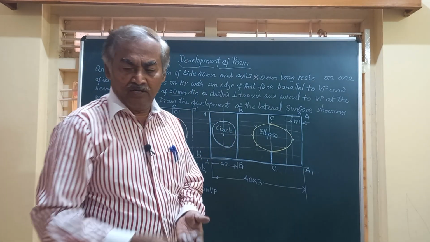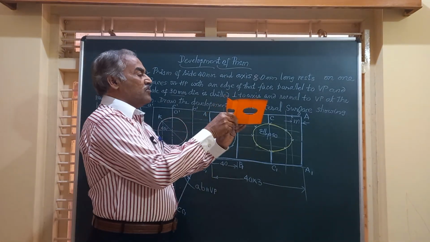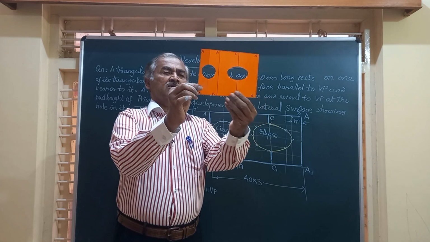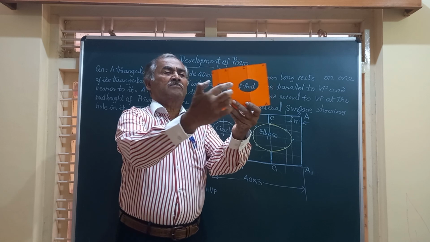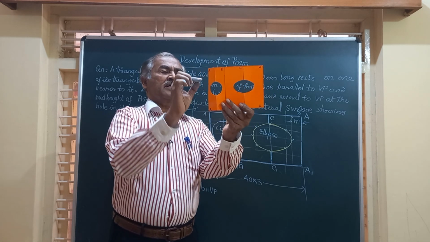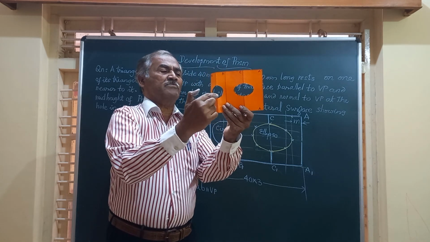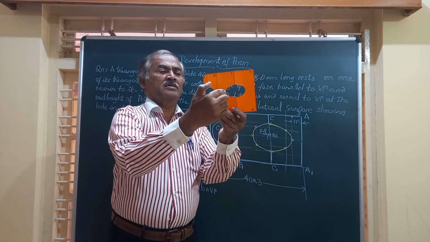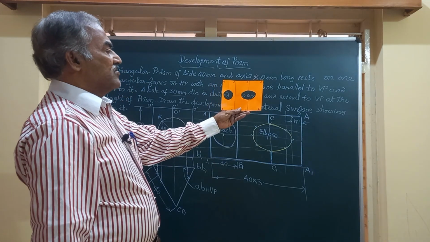And friends, finally, if you just open and see, this is how exactly the development looks like. So in the first rectangle you have a circle, and between the last two you have got an ellipse, and the minor axis of the ellipse is equal to the diameter, and the major axis depends on the diameter of the circle. This is how practically you can see.